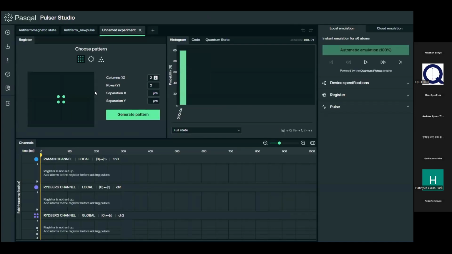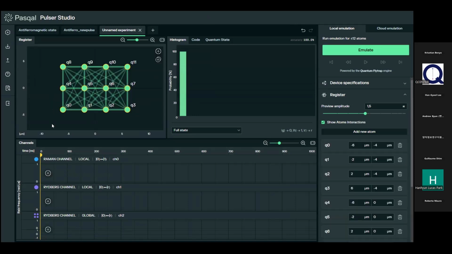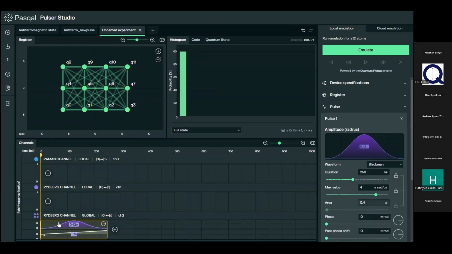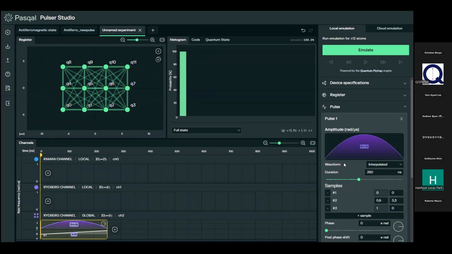So here, let me just quickly create a larger selection. When you design a pulse, you have different choices. One of them is the very, very robust interpolated method. With interpolation, you can create as many connections as you want, which allows you to approximate or compute exactly the adiabatic shape you would need.